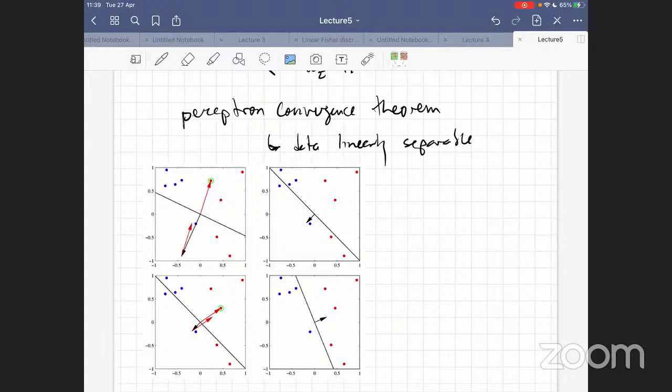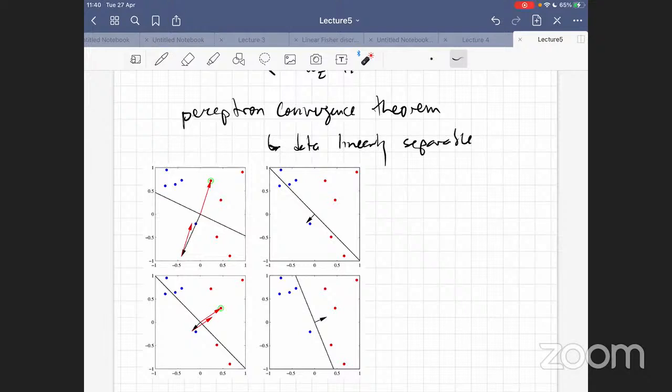Imagine that I start with a random vector defined by this black arrow. Then the corresponding decision boundary is this one. You remember that we said at the beginning of the classification lecture that the weight vector, this parameter vector, is perpendicular to the decision boundary.